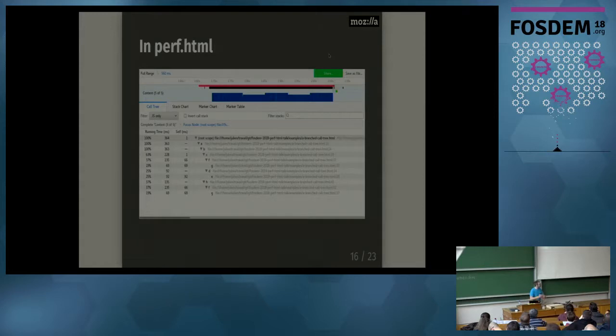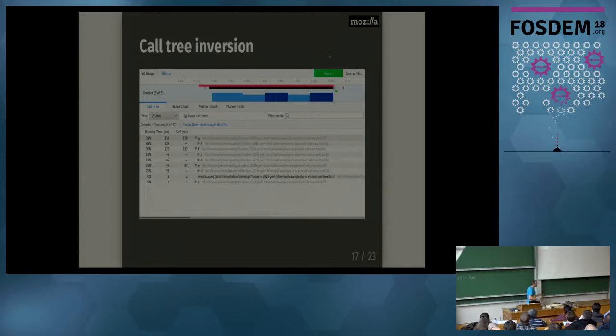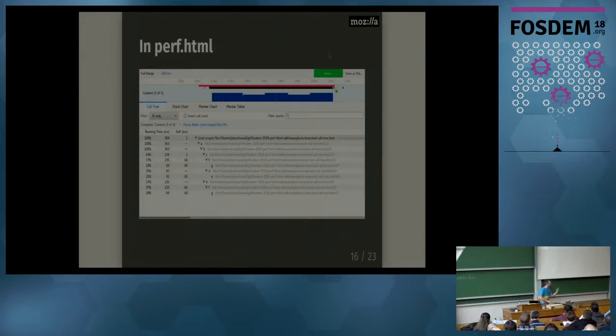And we have another tool to help with that. Here it's ordered from the top, but we can also invert. Invert means we look from the bottom of the stack. And here we see that G is actually the function where we spend the most time. We spend 138 milliseconds on G itself. But G, if you remember, is called in two different places, in the middle here and at the bottom.